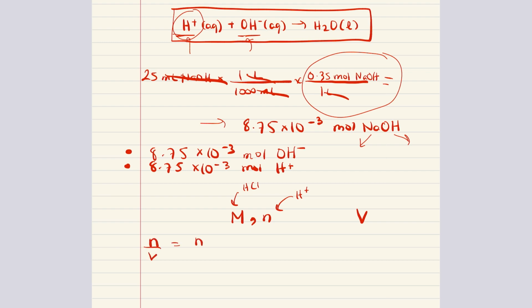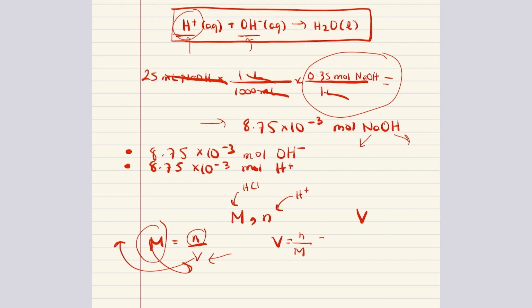Let me write that properly. We can go ahead and solve for volume by rearranging. We can just move volume to the other side and move molarity over to the other side. And so now we have volume is equal to moles over molarity.